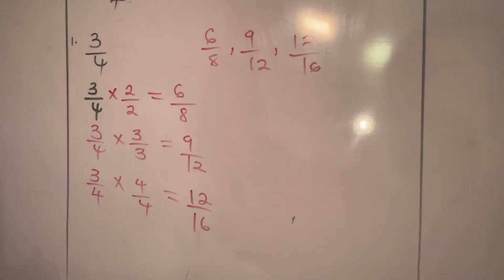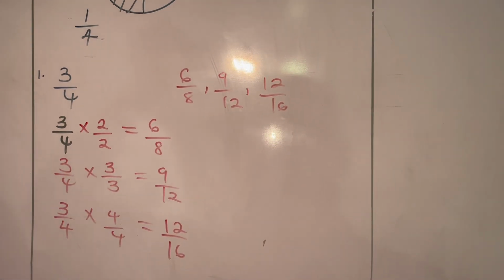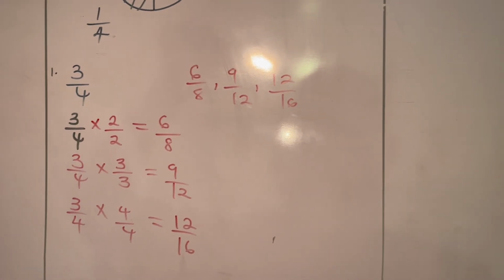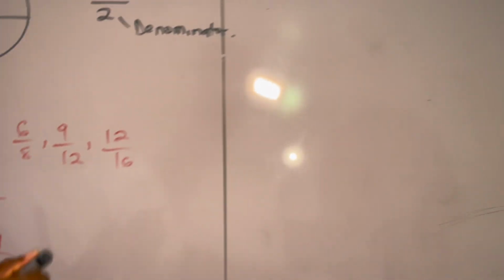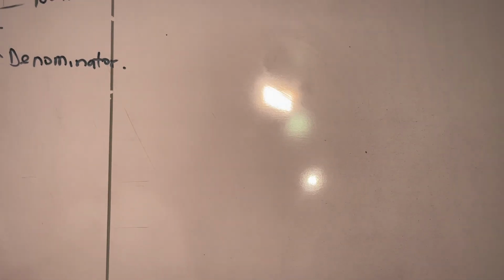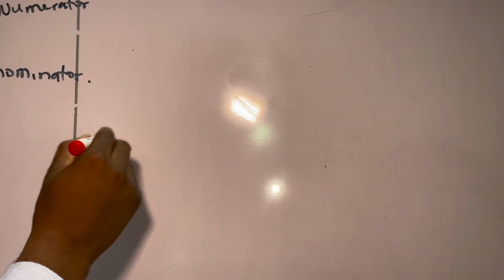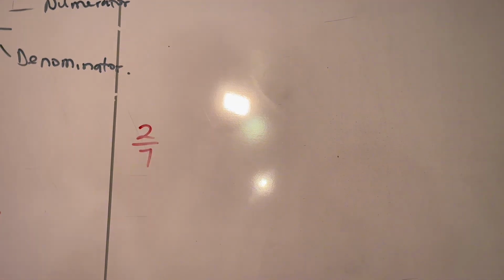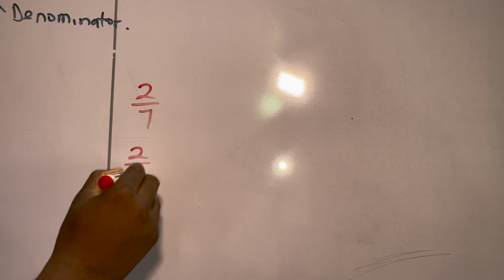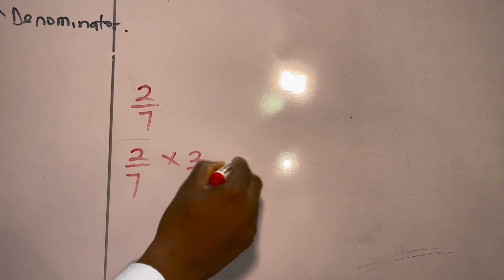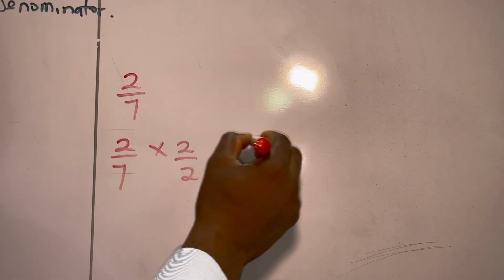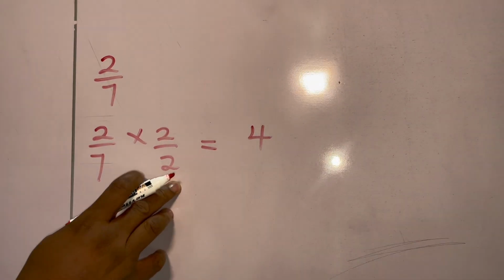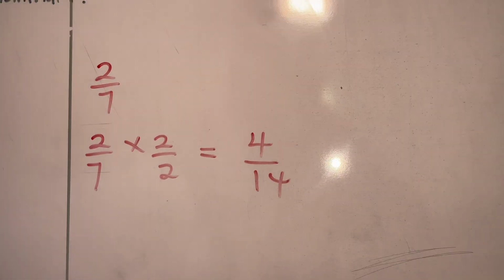12/16. The next one, we are to find the equivalents of 2/7. Times 2/2: 2 times 2 gives me 4, 7 times 2 gives me 14.